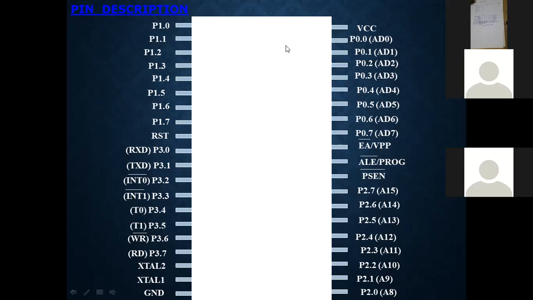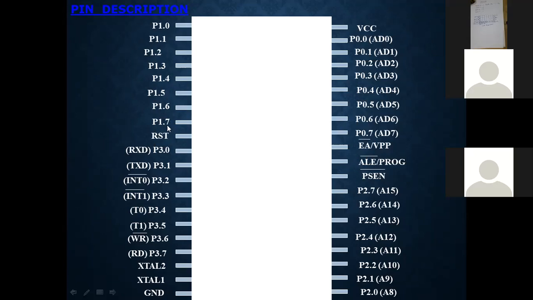Okay, so out of these 40 pins, there are 4 ports that are used for input and output. Those IO ports are available as P1.0 to P1.7.